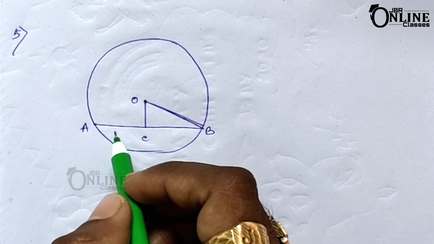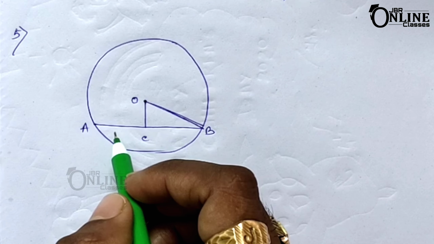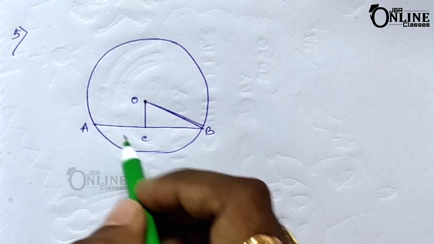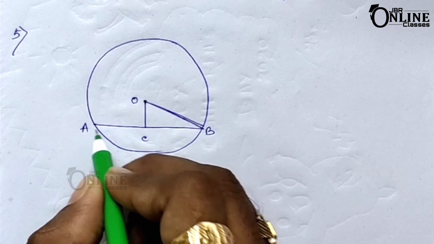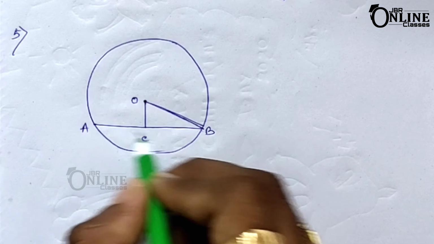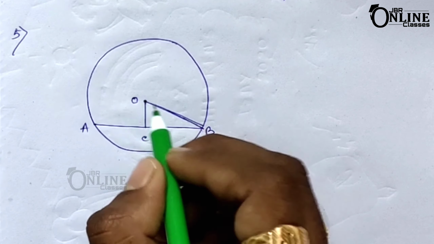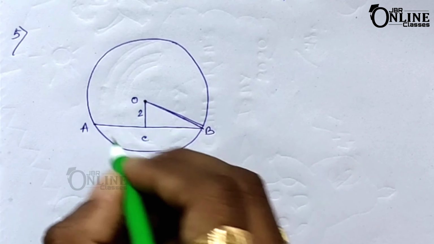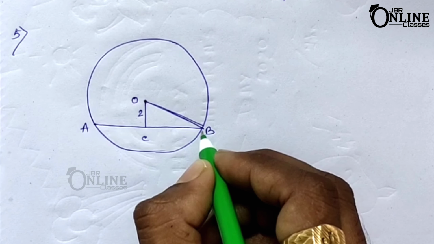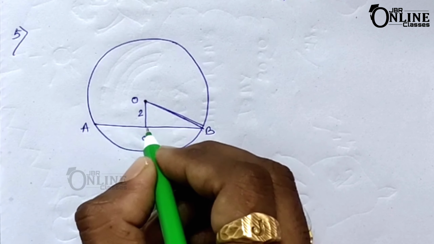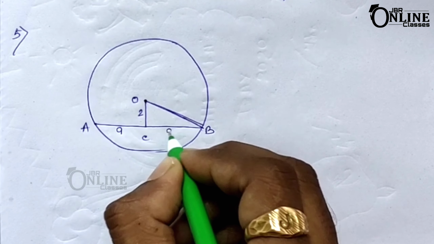Now sum number 5. So here a chord distant 2 centimeter from the center of a circle is 18 centimeter long. So here AB is the chord and which is 18 centimeter, and the distance between the chord and the center equals 2 centimeter. So if AB is the chord which is 18 centimeter, that means AC equals 9 and CB equals also 9.